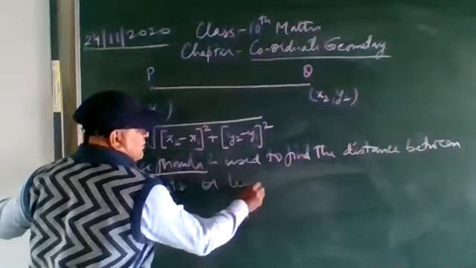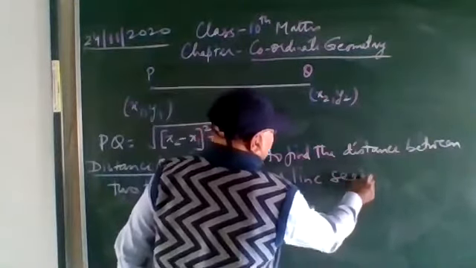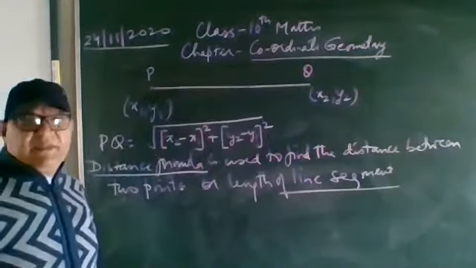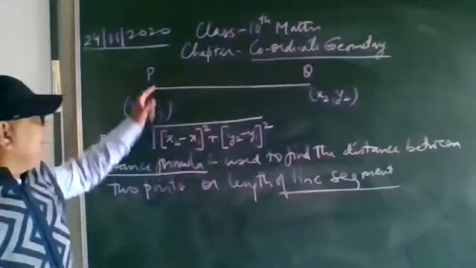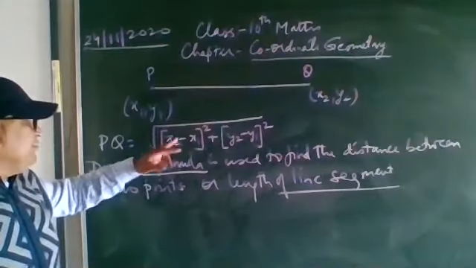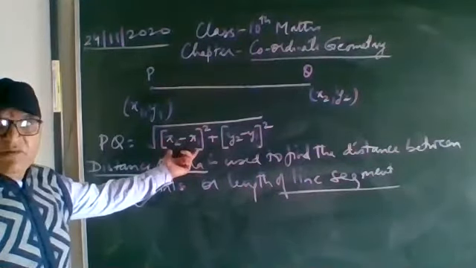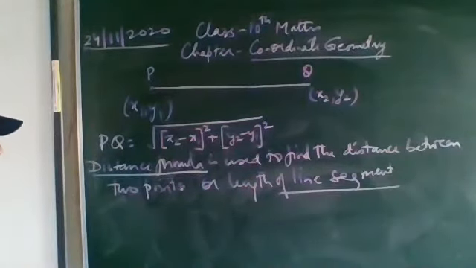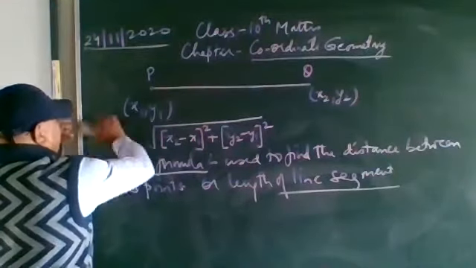A line segment has two endpoints, P and Q. The coordinates of P are x1, y1, and of Q are x2, y2. So x2 minus x1 whole square. Have a practice of writing in a rectangular bracket, and here y2 minus y1, so that you will not commit a mistake. This is the distance formula.